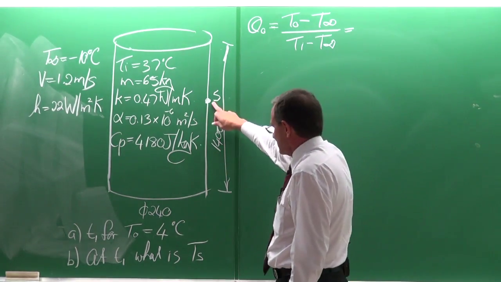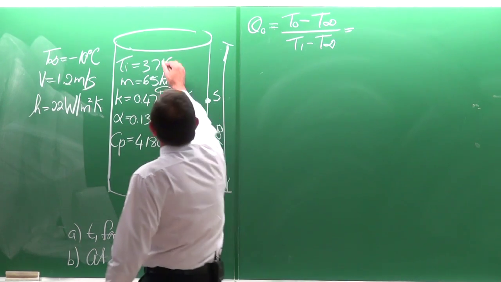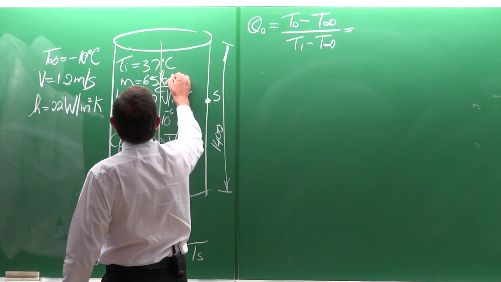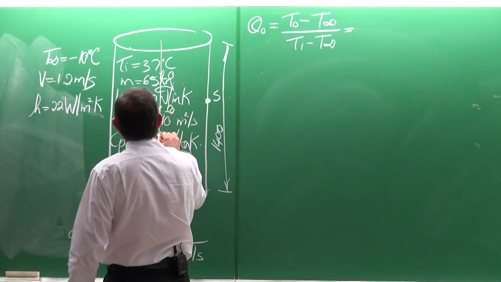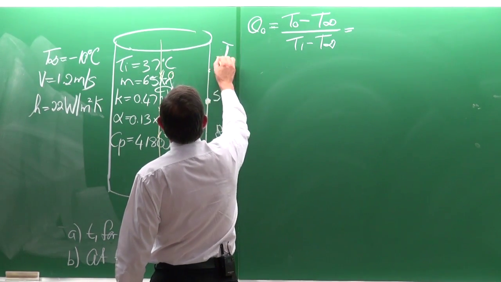So there's Ts. Let me use different colors to make clear the different values. Everywhere on this line is theta 0, the center temperature. And everywhere on the surface we have Ts.